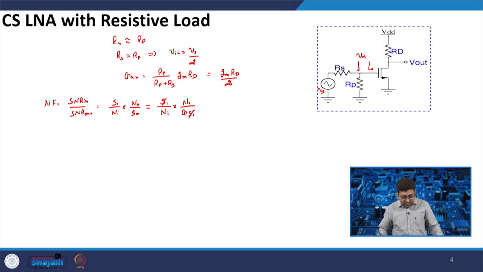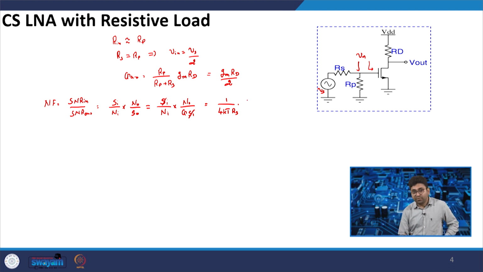If you try to see the input noise Ni in this case, mostly this is 4kTRs into G, where No is the total output noise.